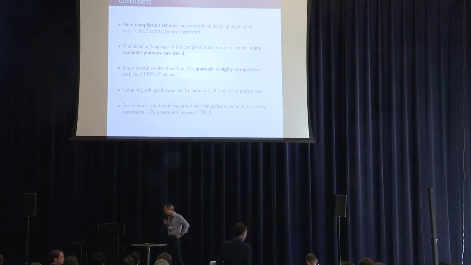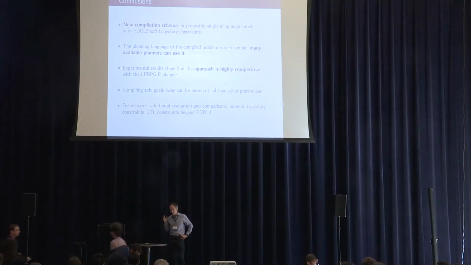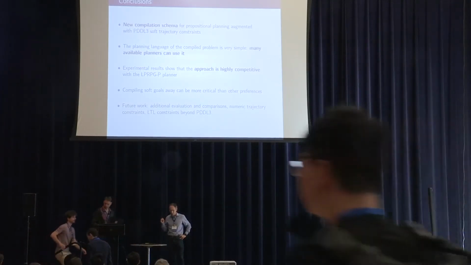Well, it's not easy to answer this question because I don't have in mind particular properties that we could find in an automaton that represents an arbitrary preference or an arbitrary LTL formula that allow us to say, okay, we can compile it in an efficient way.